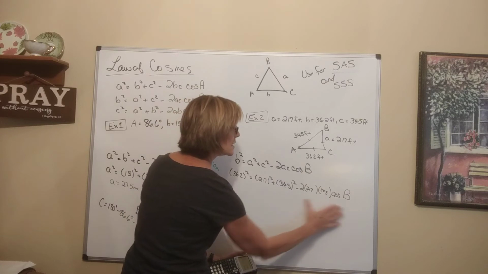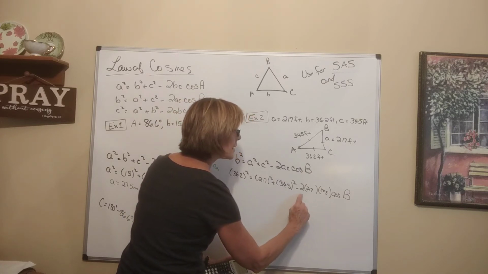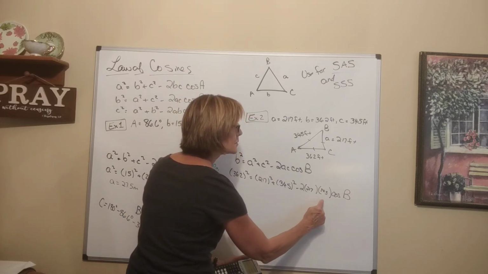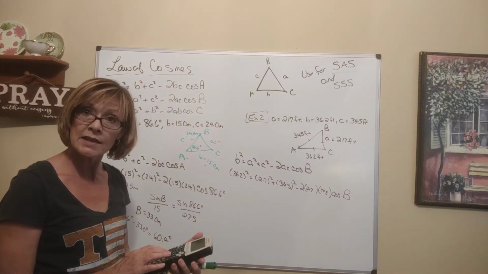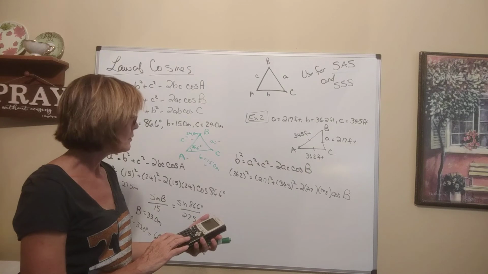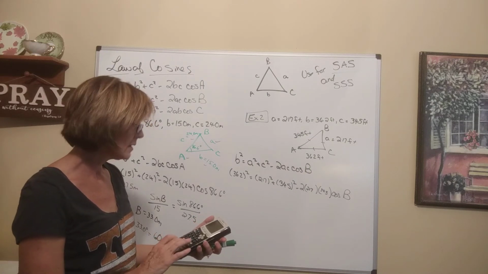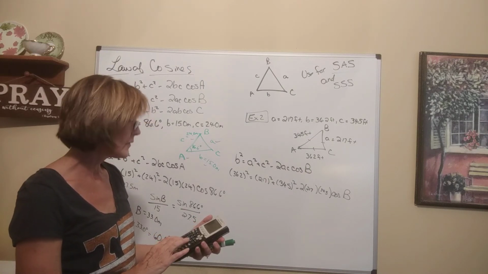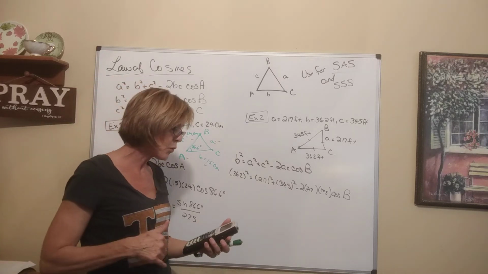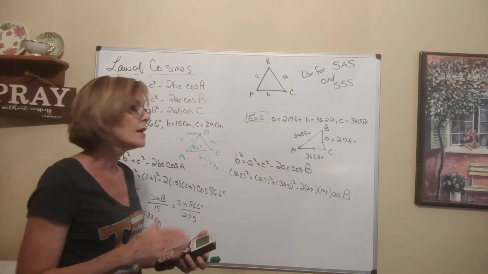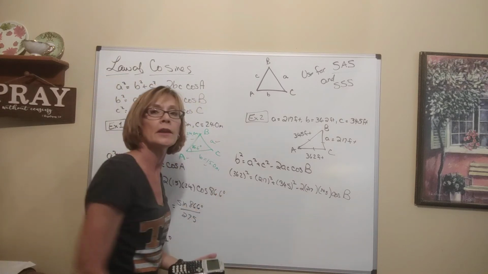What is left is this. So I'm going to divide both sides by -2 times 217 times 345. So I'm hitting the divide, parentheses, -2 times 217 times 345, close parentheses. And so what I have on my calculator now is 0.23422. That is equal to the cosine of B.